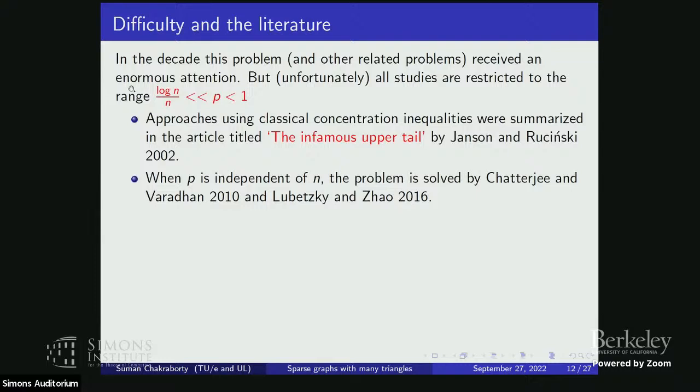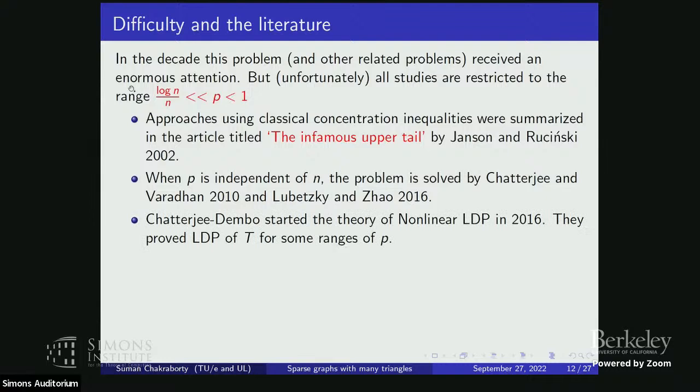When p is independent of n, that is the dense setting, then this problem was solved by Chatterjee and Varadhan. Then the variational problem was solved by Lubetzky and Zhao. And when trying to solve this problem, the theory of nonlinear large deviations started.